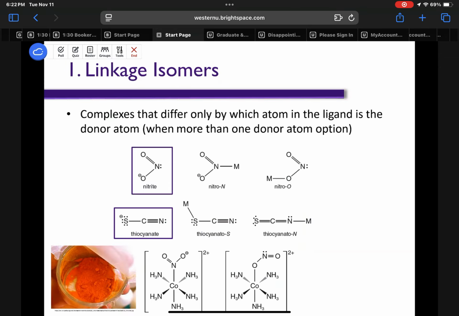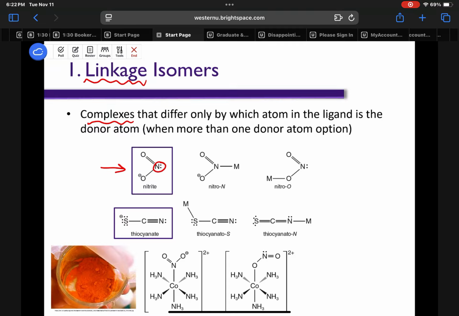So we're going to try to tie the name into what it means. When we have a ligand, ligands that have more than one donor atom could be part of a linkage isomer. So if we look at this nitrite ligand, we can see that it has a lone pair of electrons on the nitrogen.